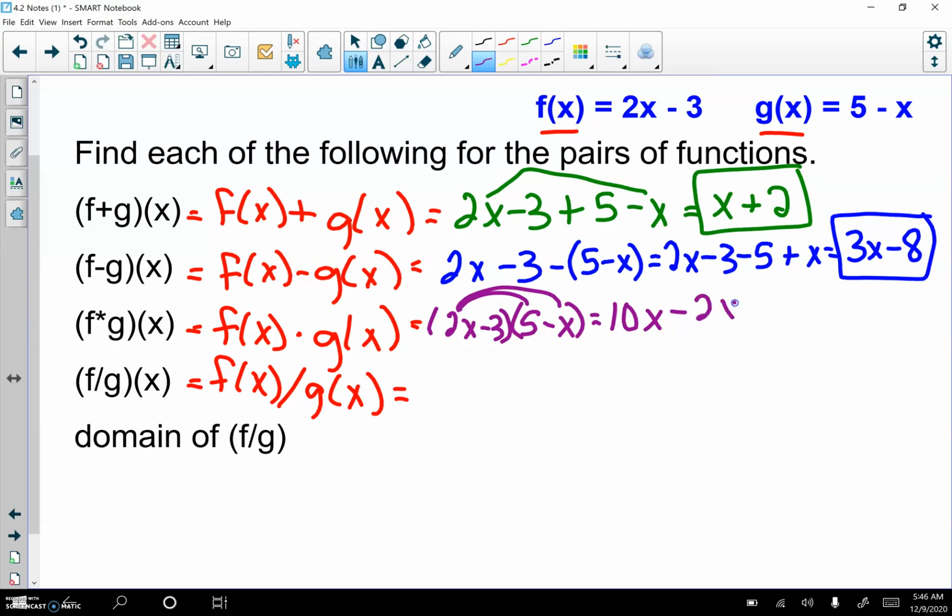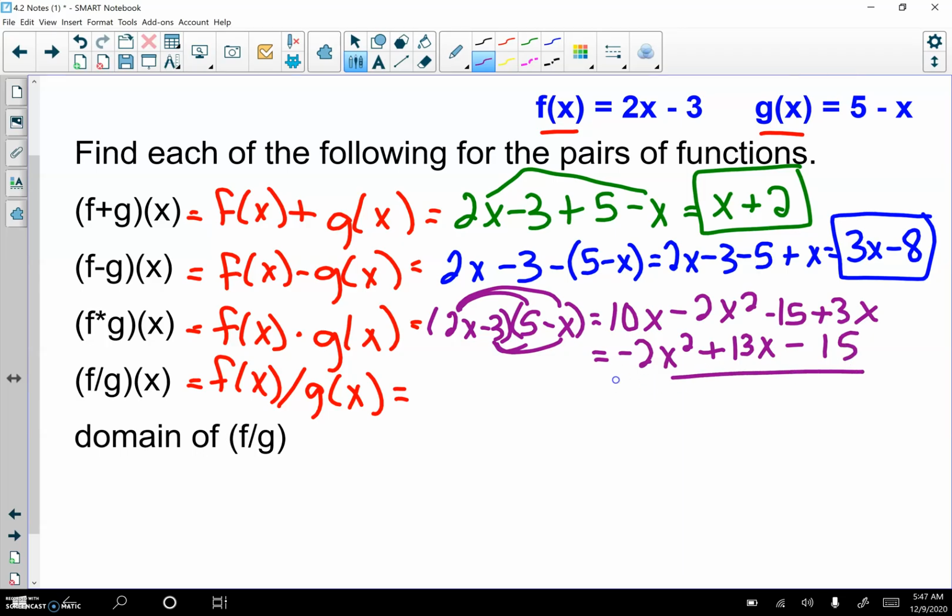Minus 2x squared, minus 15, plus 3x. Then if I simplify that, that would be negative 2x squared plus 13x minus 15 as my final answer. You will have one of each of these on your test.